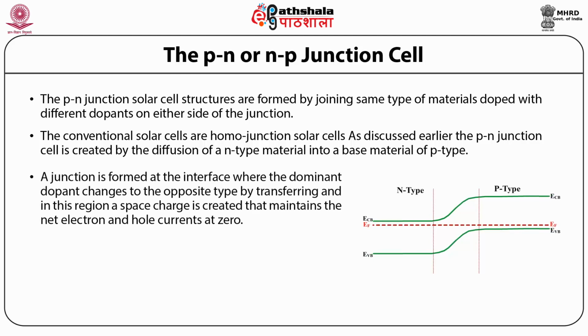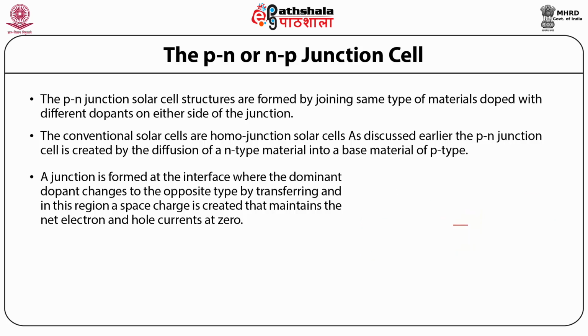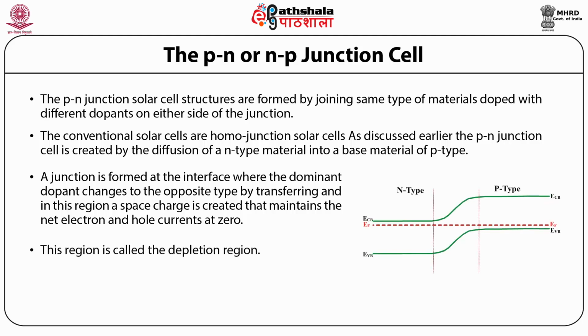A junction is formed at the interface where the dominant dopant changes to the opposite type, and in this region a space charge is created that maintains the net electron and hole currents at zero. So this region is called the depletion region.